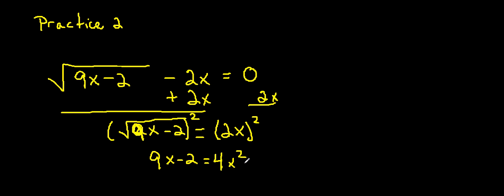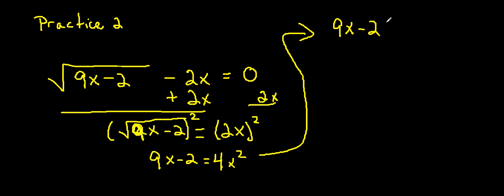This is a quadratic equation now by way of the x squared. So let me rewrite this as 9x minus 2 equals 4x squared. I'm going to bring everything over from the left side to the right side since the 4x squared is positive. That means I'm going to subtract 9x and add 2, all at the same time.